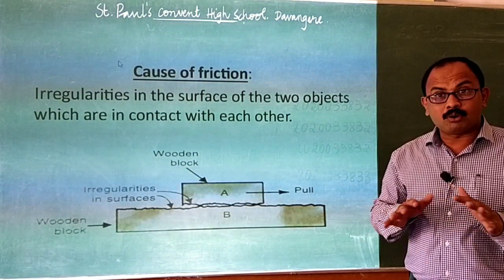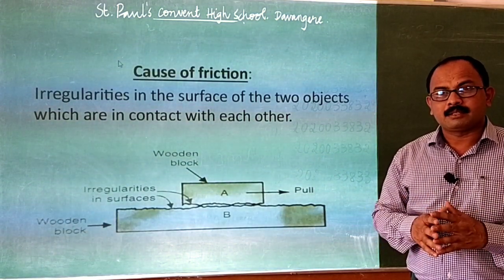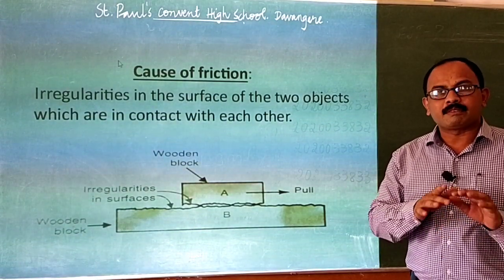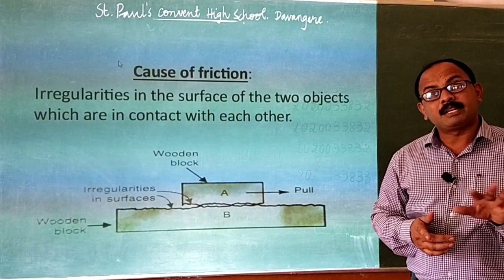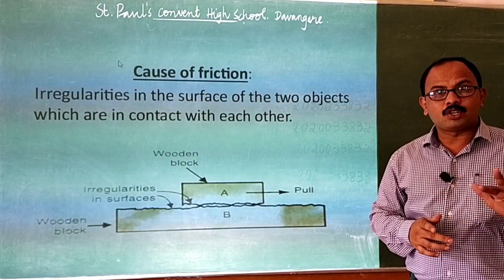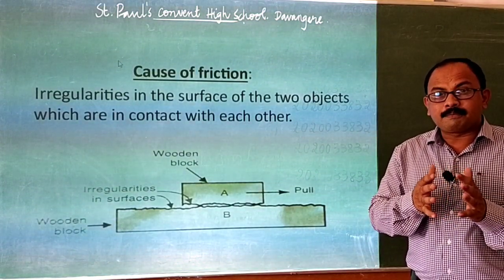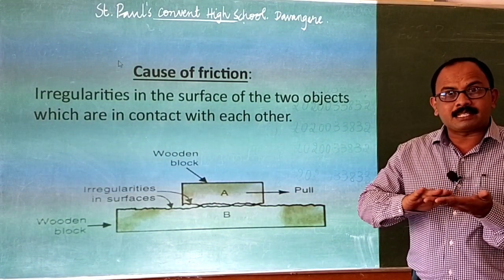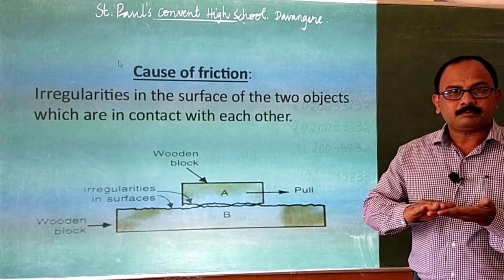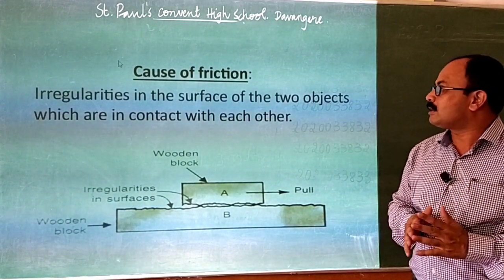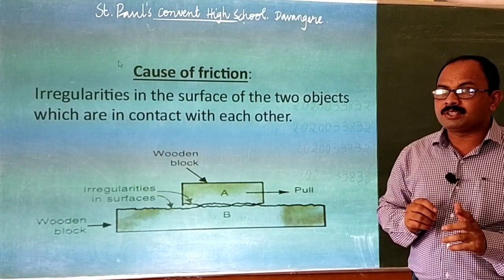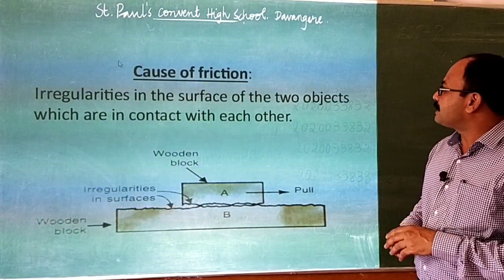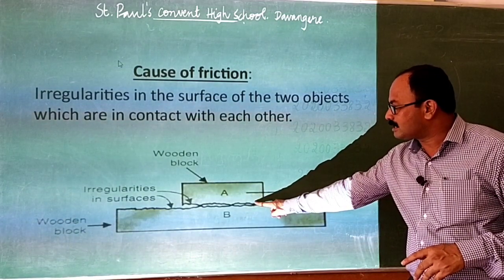It may be a floor with tiles, or cemented, or tar which is placed, or cement road, or mud road. There are different types of mediums. All the surfaces are not even. There are irregularities on the surfaces. Friction is because of irregularities in the surface of the two objects.